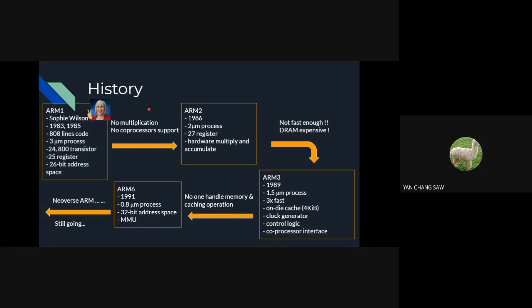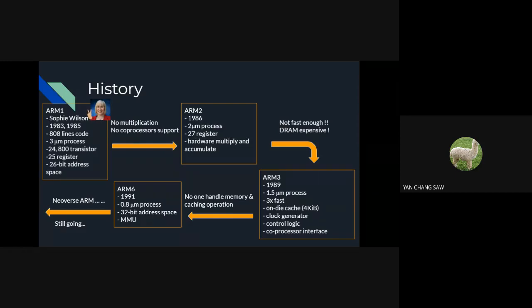The ARM2 processor can now support hardware multiply and accumulate. Next, after the invention of ARM2, the performance was still not fast enough. They didn't want to use DRAM chips as this would make the product more expensive, and thus they opted to integrate cache inside the CPU. With that, the ARM3 was built with an L1 cache of 4 kilobytes per core, 64-way set associative, and is 3 times faster than the ARM2.